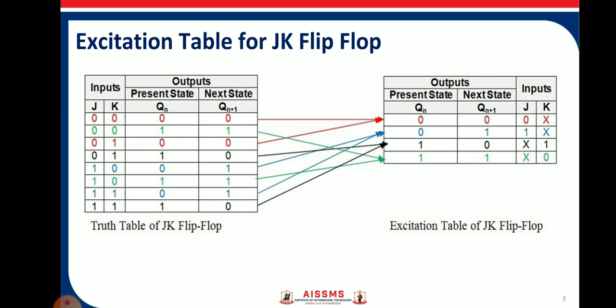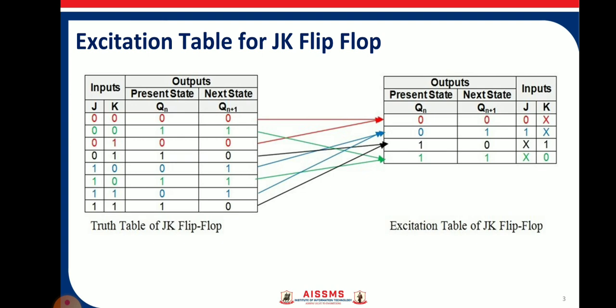And if both the inputs are 1 1, then the next state will toggle the present state. That means it is the opposite of the present state. If the present state is 0, then the next state will be 1. If the present state is 1, the next state will be 0. The same thing is shown on the left hand side.